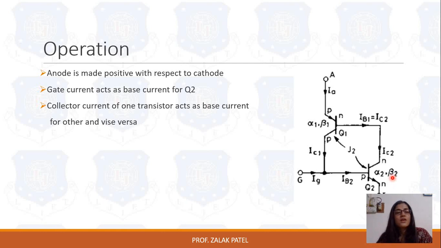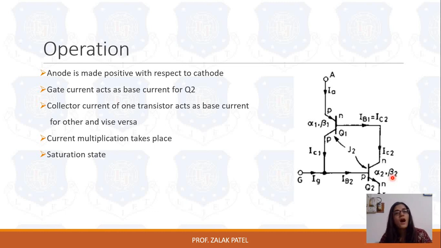Because of this current multiplication, the transistor works in a saturation state, and because of that it works as a switch, meaning it is either in the on state or the off state. There is no active state in SCR, so it cannot work as an amplifier.